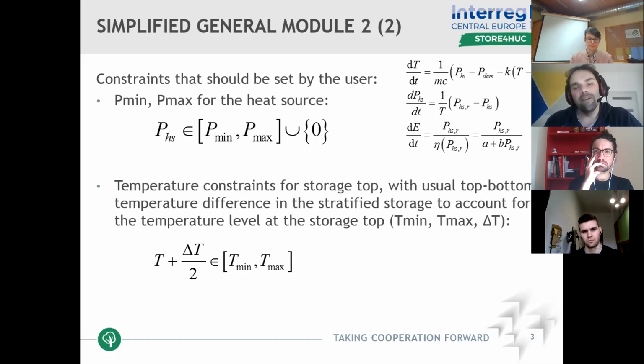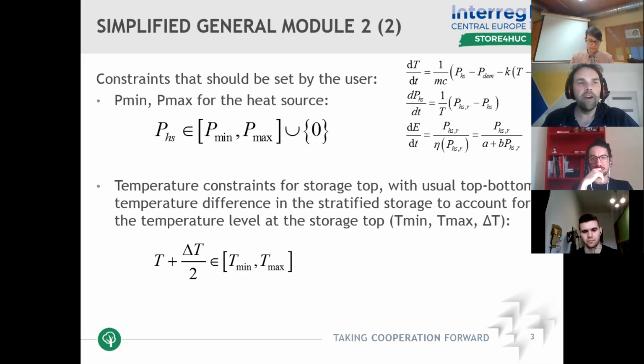And here, for this simplified model, to make things easy to handle, fast to compute, etc., we would require one additional piece of data from the user, and this would be the usual temperature difference that occurs in this heat storage from the bottom to the top.